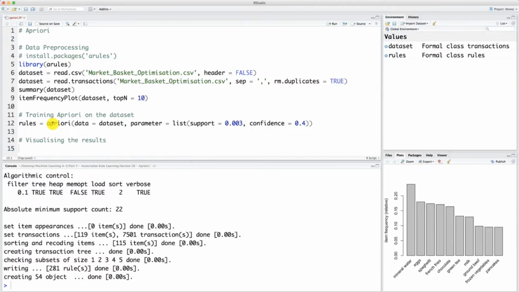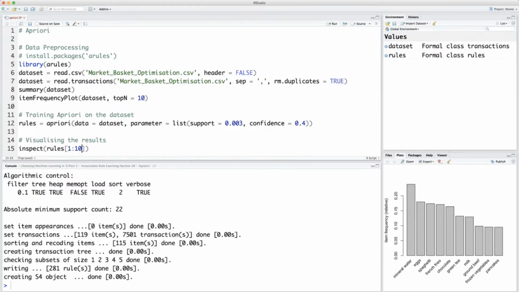And to do this, we're going to use the inspect function. So we type here inspect. And so in this inspect function, we can directly have a look at the rules by typing rules here. And then, if we want to have a look at the first 10 rules, we need to specify here in brackets 1:10.